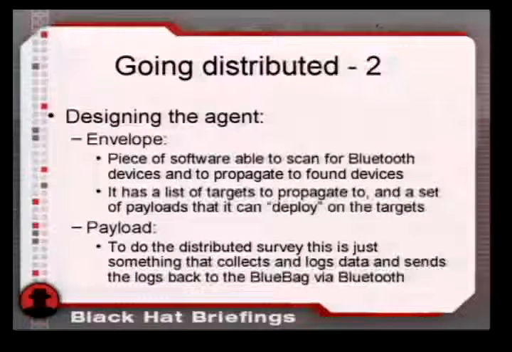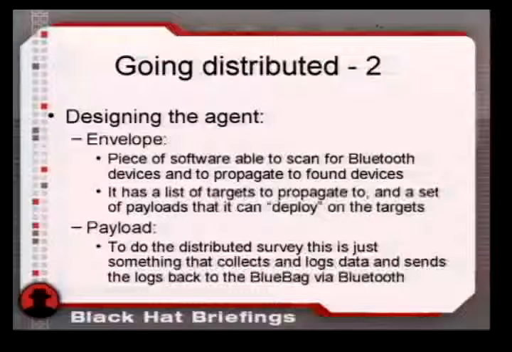Okay, a little bit of the internals, quite simple. Our agents are composed of an envelope and a payload. The envelope is a piece of software that just scans for Bluetooth devices and tries to propagate itself to those devices. It has a list of targets, that is, a list of users that wish to help do the survey, and it tries to propagate only to that group of targets.